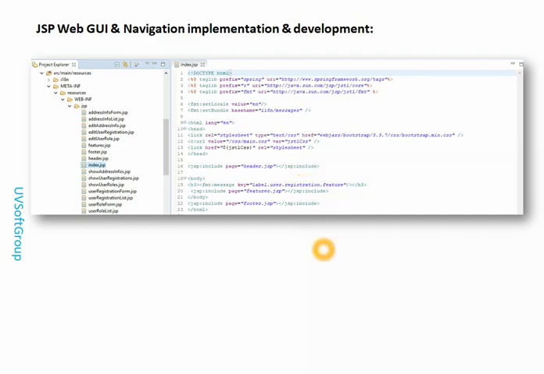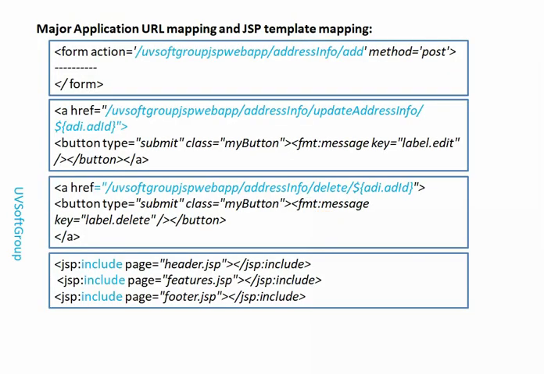That's perfect. I will show you how it is done. This is the major application URL mapping and JSP template mapping. You see our applications here and your domains, and then you get your operations: the add operation, update operation, delete operations, and that means your CRUD operation is there. So I give some hints how it works.